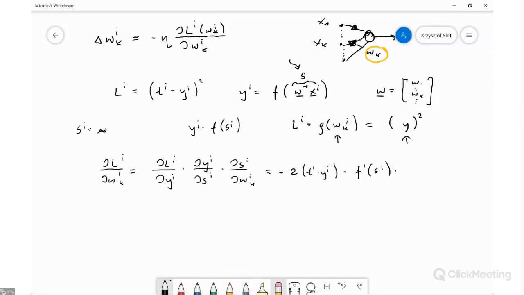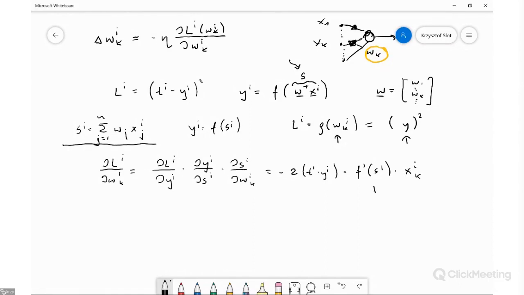So let me this time write this dot product in an explicit form as the sum over j of wj times x_ij. So a dot product we have here, and a derivative of this dot product with respect to wk is just x_ik.